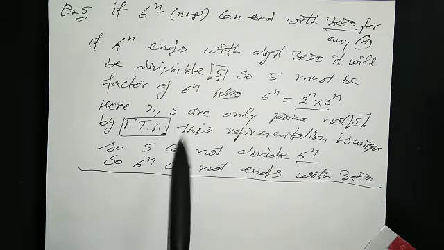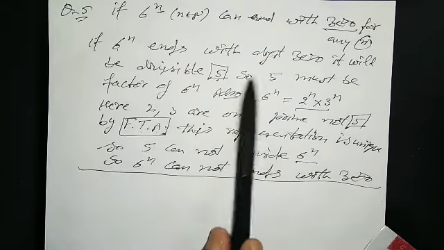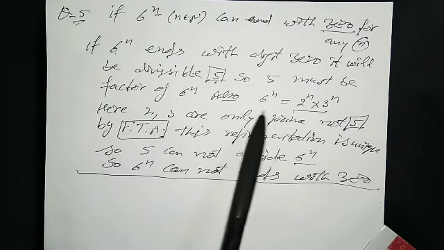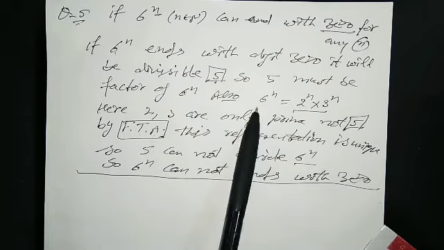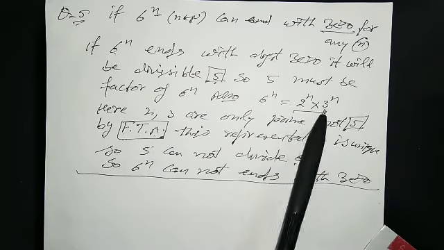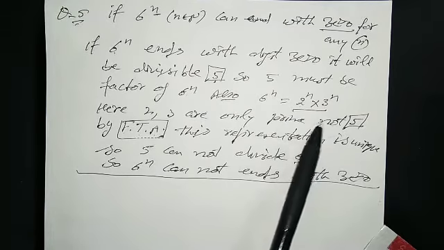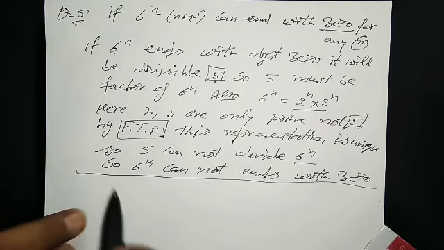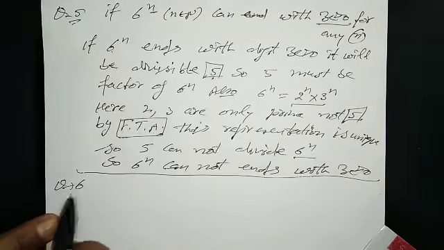Why? Because if it ended with 0, it would be divisible by 5, and as we see, this composite number cannot contain 5 as a prime factor in its representation, so 5 cannot divide it, and so it cannot end with the digit 0. I think that is clear. Now come to question number 6.